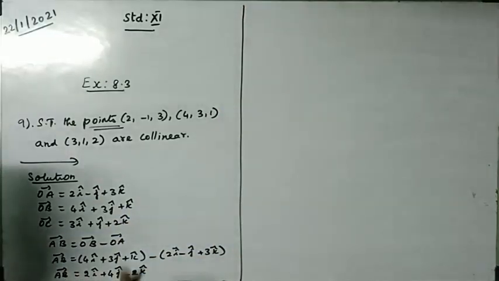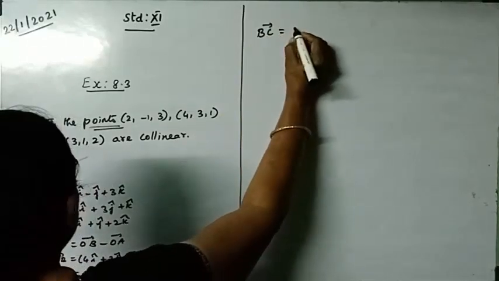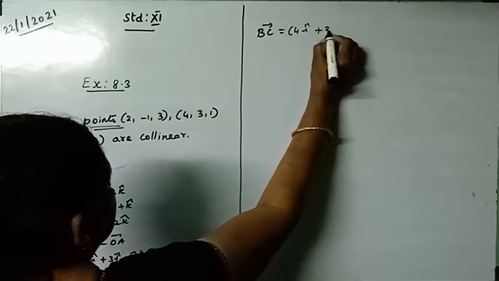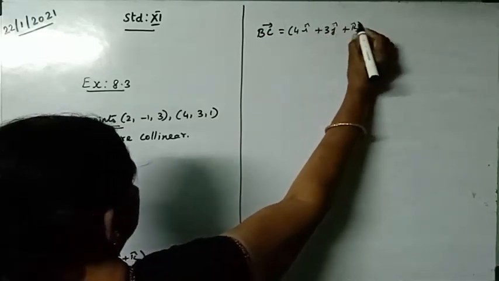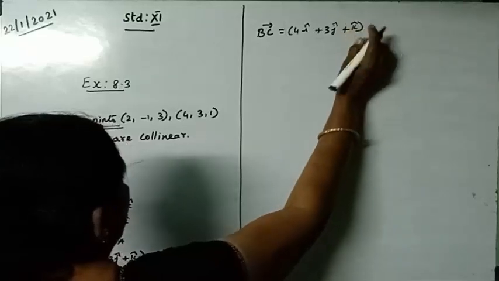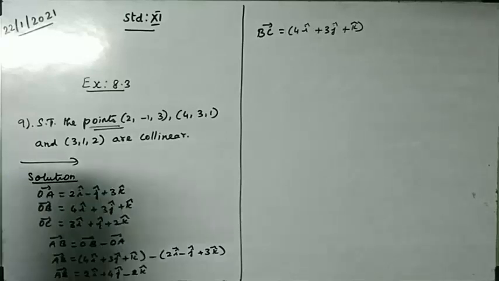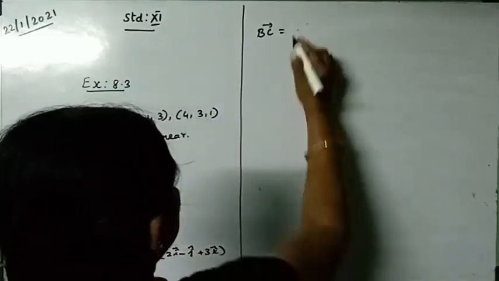Now find BC vector. To find BC vector, first I write the formula: OC vector minus OB vector.